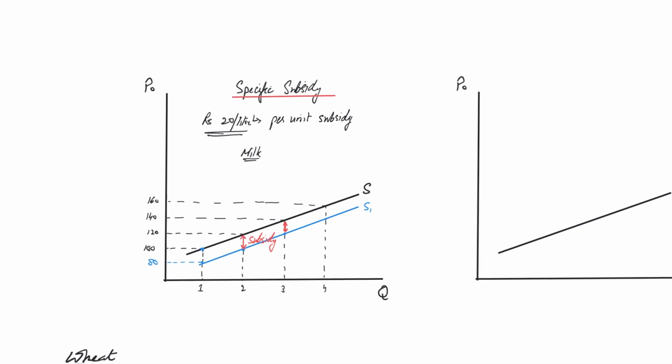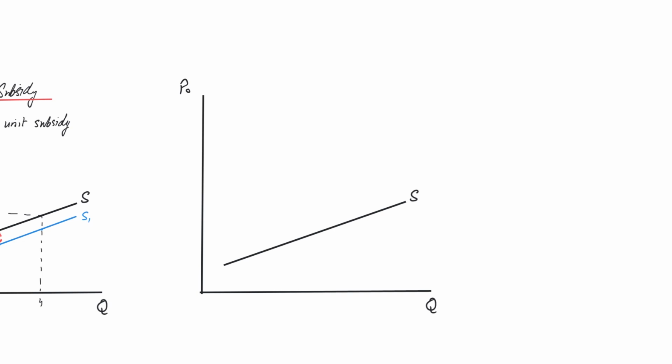Okay. The second one that we have is the percentage based subsidy, which is called the ad valorem subsidy.